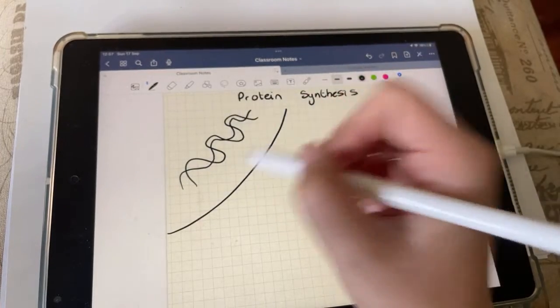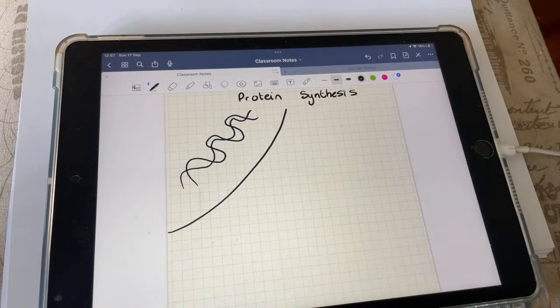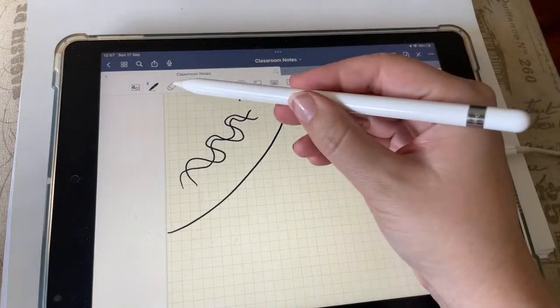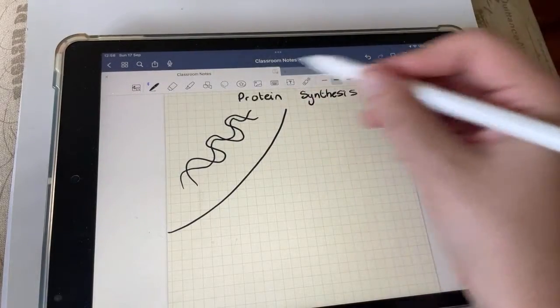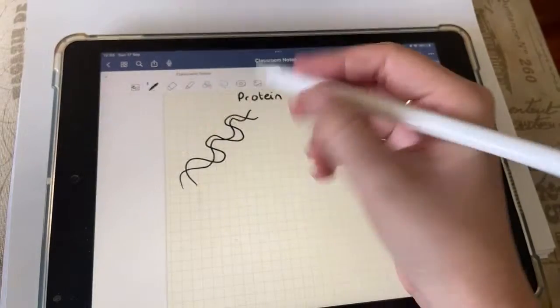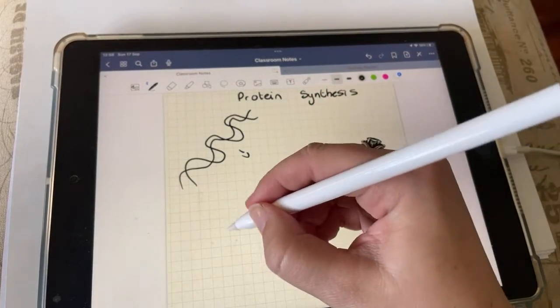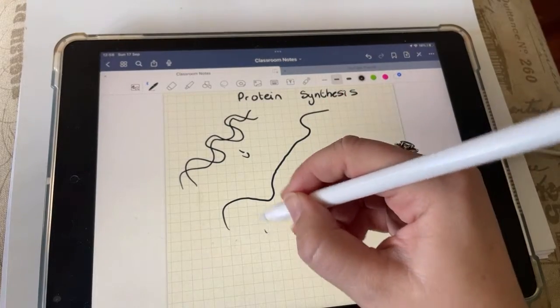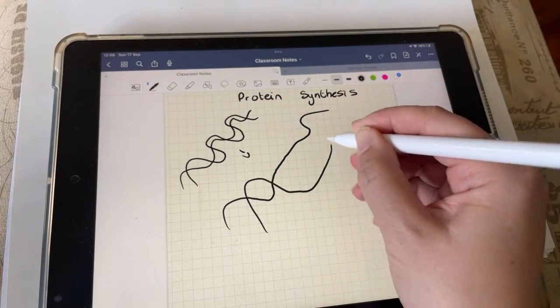And I'm hoping everybody is taking this description from their guideline, not from their textbook. Please use the one in the guideline only. That is what the memo will be based off of, okay? So what happens is, if I were to just eliminate this line so I can draw a little bit more in here, we unwind and we unzip a section of the DNA. So this is me unwinding this section over here.